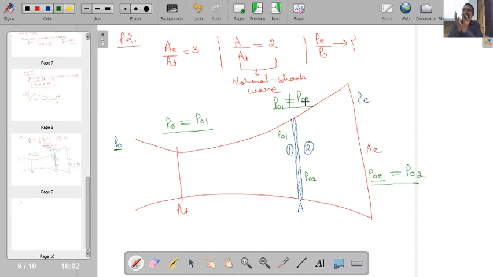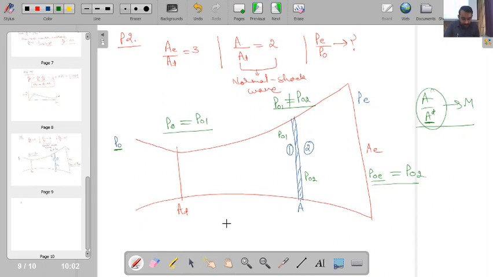Now, another important point is when we use this A by A star relation with Mach number, it is applicable for isentropic flow situation. It is not applicable for non-isentropic because our assumption from the starting itself to derive the area velocity relation was isentropic. So that is the reason that this A star value will not be the same on upstream and downstream of the shock wave.